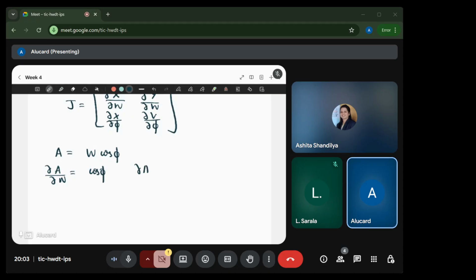And dA by d phi, when you are taking the partial derivative with respect to phi, you assume w is a constant. So this becomes w into d by d phi of cos phi, which is minus w sin phi. So that's just an example.